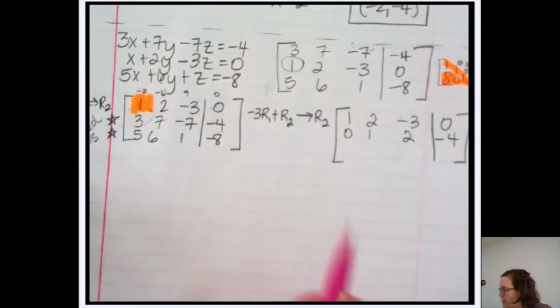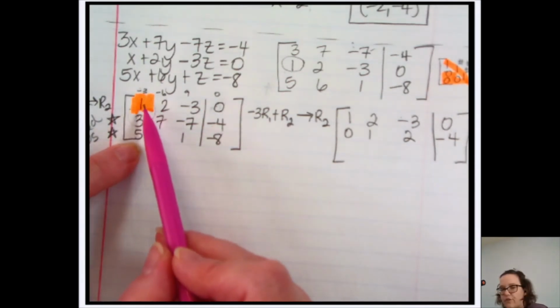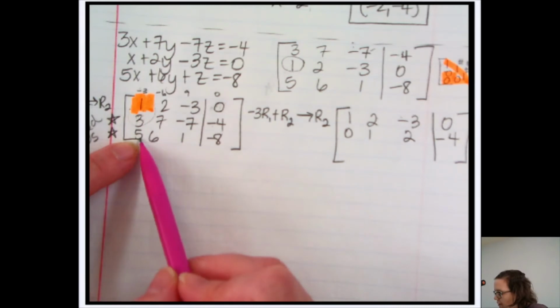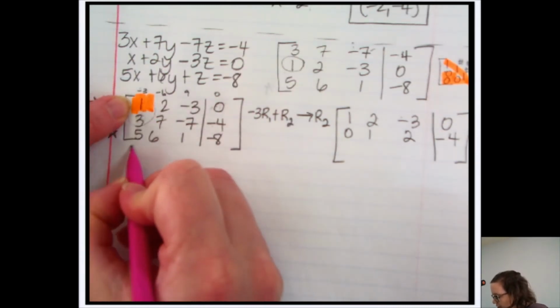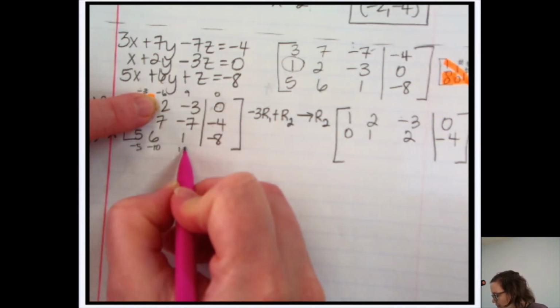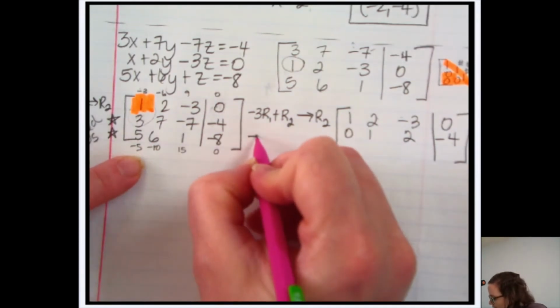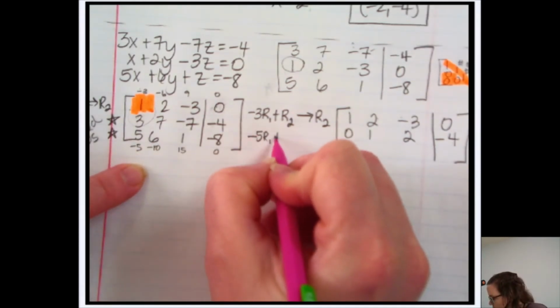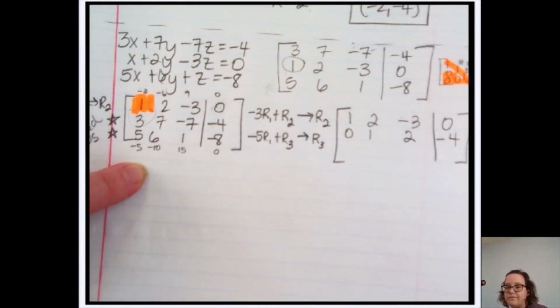Next, let's do that same thing with the third row. So we need opposites, and we want to use that first row again, so 1 and 5. So this time we want to multiply by a negative 5 up here. So that's negative 5, negative 10, positive 15, and 0. So I'm doing negative 5 times row 1 plus row 3, and I will be replacing row 3.